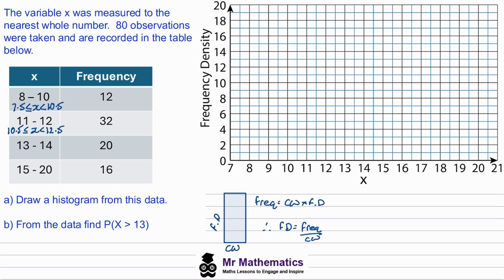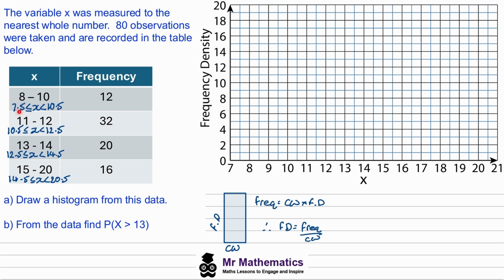Any value of x between this range would be rounded to either 11 or 12. And then in our next group, it'll be between 12.5, where it can be equal to that, but less than 14.5. And then finally, it'll be between 14.5 and 20.5.